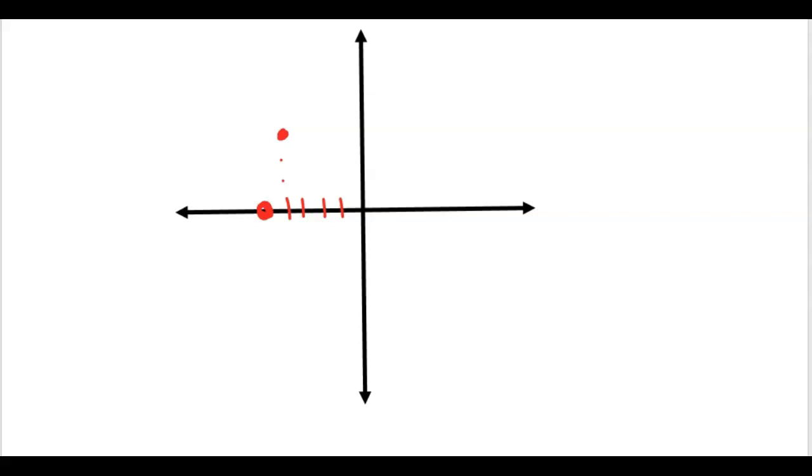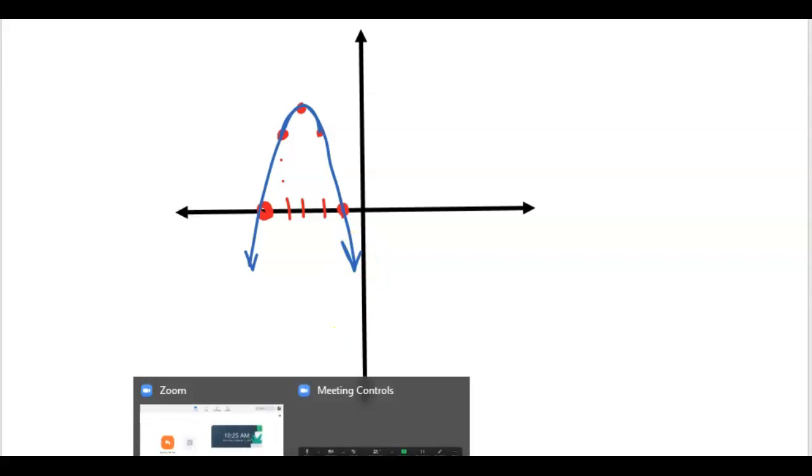Okay, and then negative 3. Do you see the parabola pointing down?